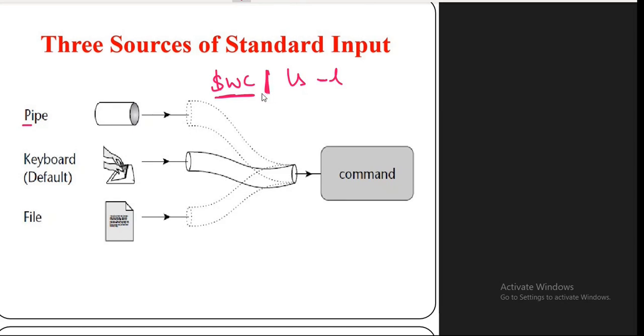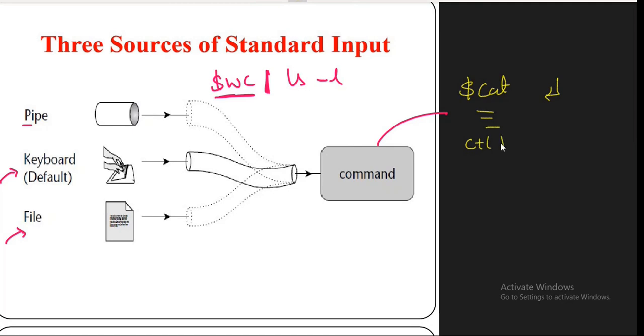So with the pipe you can run multiple commands in the same statement, or using the single command prompt you can run multiple commands. Then sometimes you may get the input from the keyboard, using the cat command as I already told, or it may be a file. For the first example, from keyboard, I told cat. If you don't give any file name, it will wait for you to enter the data from the keyboard.